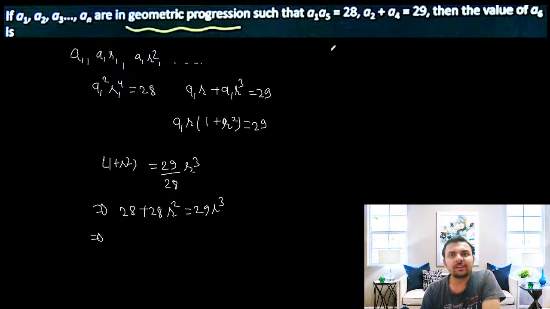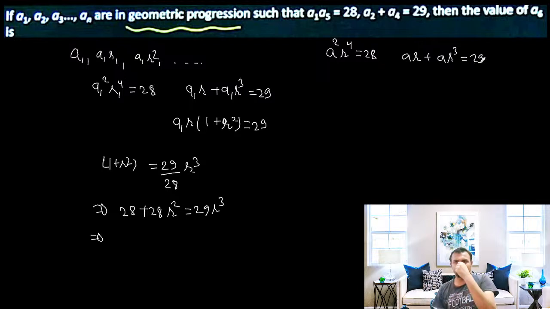Let's check A. This is A R cube equal to 29. If we divide by A to the power 4, let's do A R cube equal to root 28, and then divide.